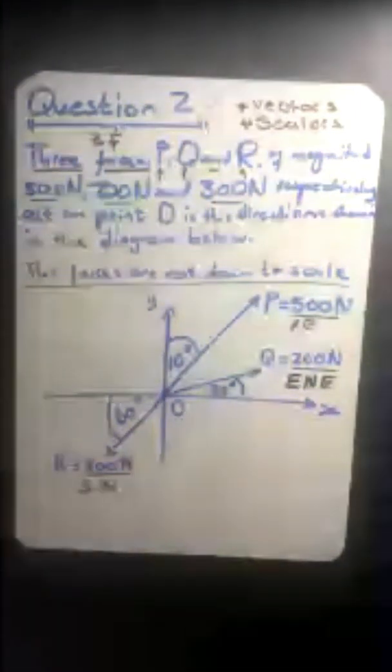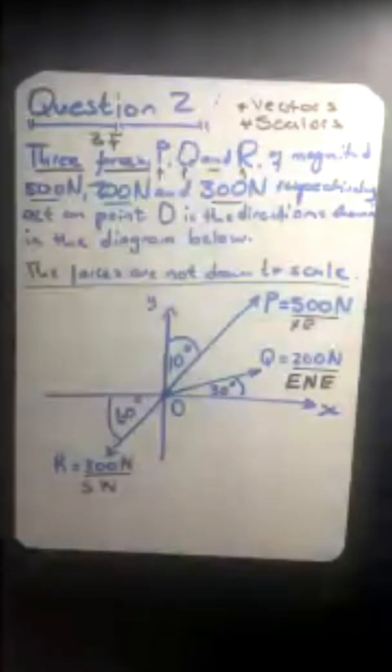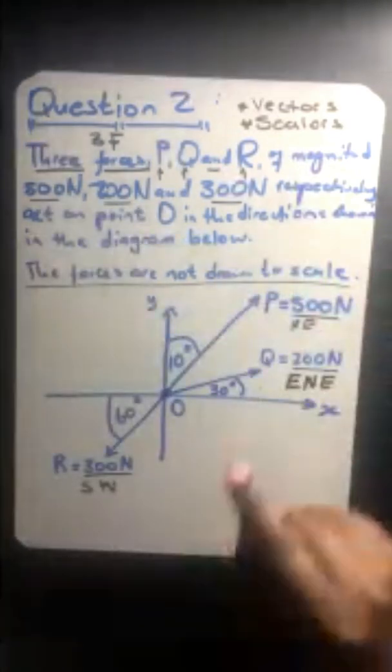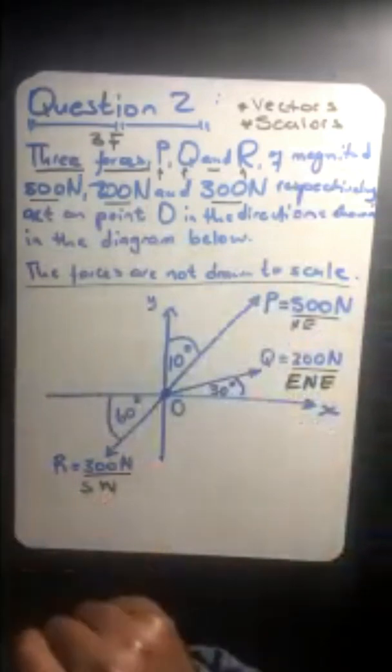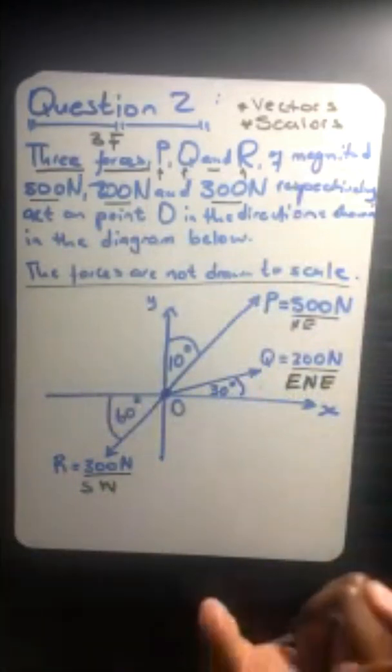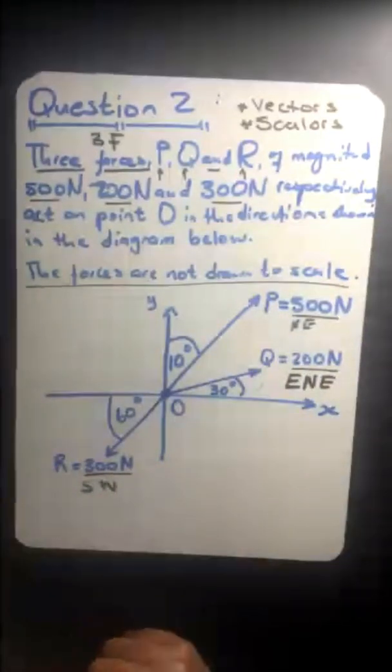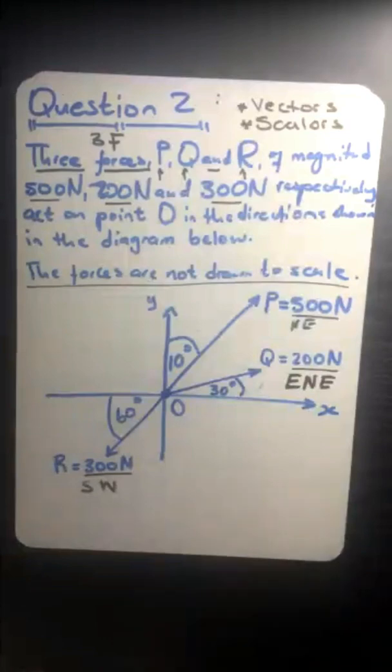Why? Because, Molefe, if you remove that word vectors, you remain with refer to the information in the diagram above, and give a reason why forces P, Q, and R are classified as. That's if you remove that last word. So with just that, you won't be able to answer the question because it's senseless.